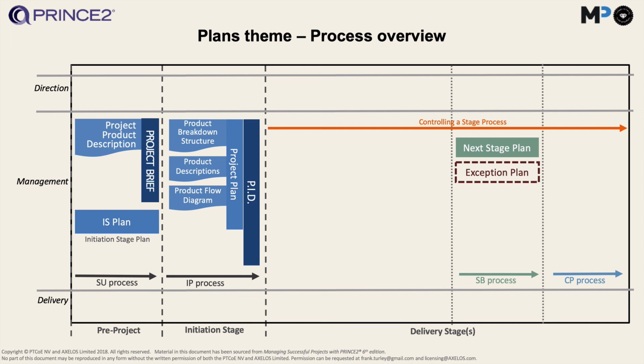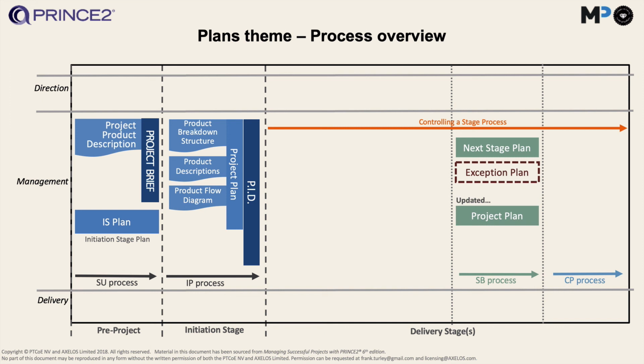Sometimes during the project, we create an exception plan, let's say if the stage goes out of tolerance. I'm not going to discuss that in detail here, just that sometimes we do it. And then at the end of every stage, we always update the project plan. So we update and show what's been done. And also maybe new products or new requirements are added at every stage boundary process, so those should be added to the project plan as well.